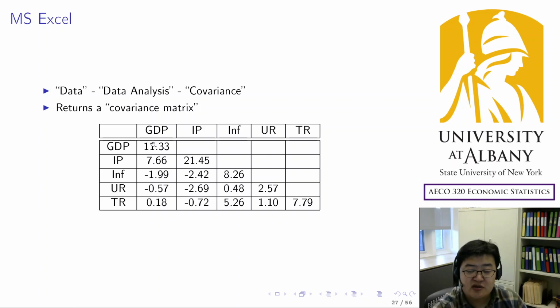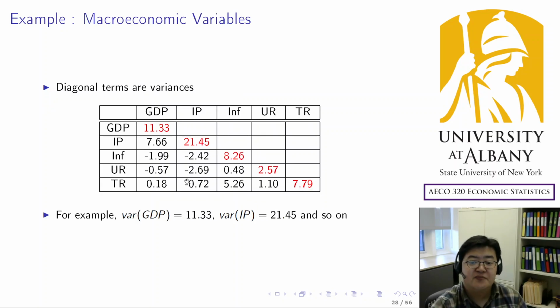And then finally, the diagonal terms are variances. So 11.33 is the covariance between GDP and GDP, which is the variance of GDP, right? Earlier I told you the variance is a special case of the covariance. So the diagonal numbers are just special covariances, which we call the variance, right?